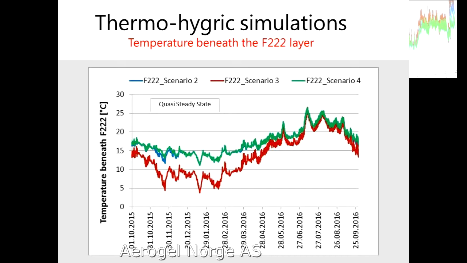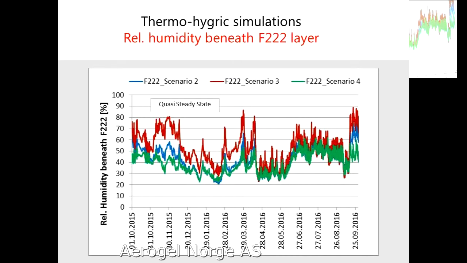Relative humidity at the same point. Now it's the relative humidity. Again here, you see that the relative humidity makes a difference, of course, between scenarios 2, 3, and 4. Again, it's not a question of heat, but a question of moisture transfer.